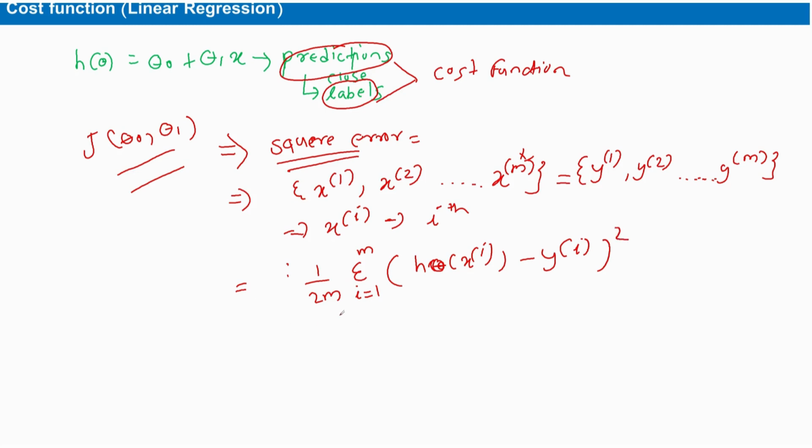This function is the squared error cost function, where h of theta xi is nothing but, let me use a different pen.